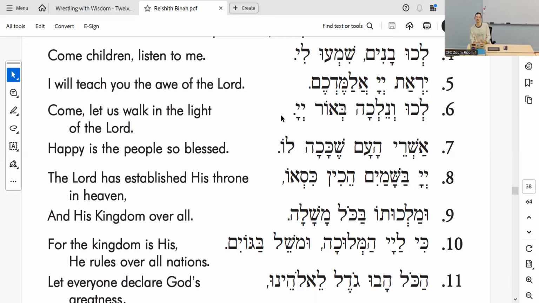So similar to what we did with the direct object marker, sometimes when we use the word et to refer to definite objects, part of these definite objects are also proper nouns. So when we're saying light, we're not saying any kind of light, we mean something specific.